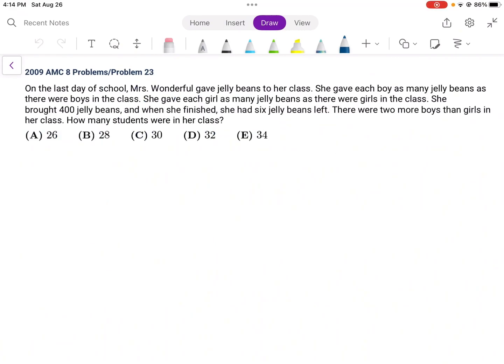Problem 23. Let's assume the number of boys is B and the number of girls is G. From the problem, we know that there were 2 more boys than girls, so B equals G plus 2.